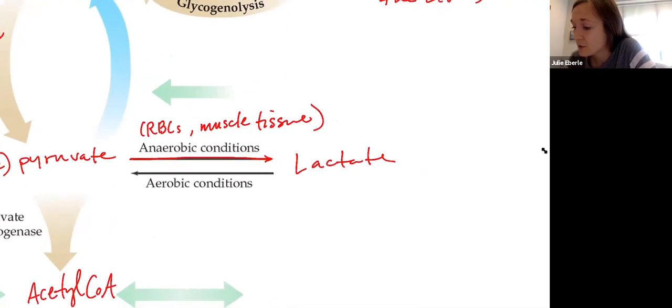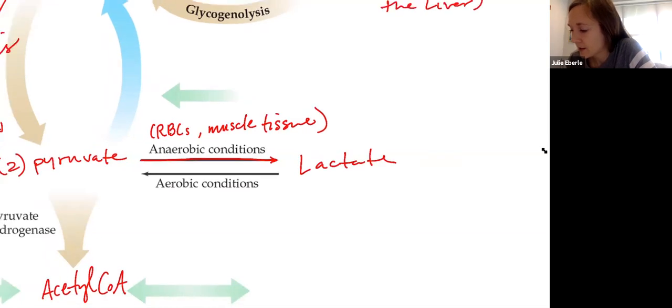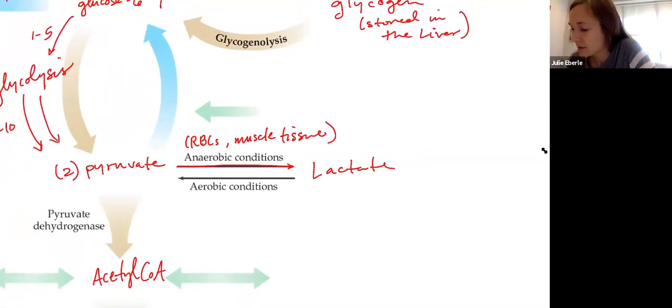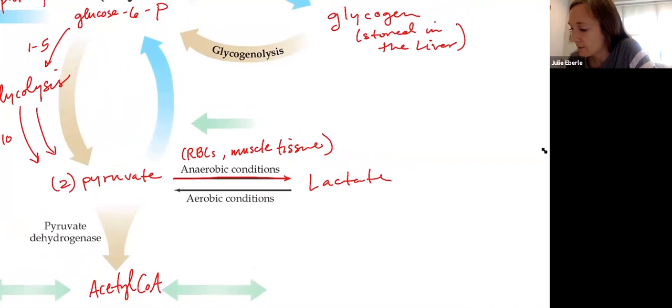Now, in the process of running pyruvate into lactate, which, by the way, we'll draw lactate on the next slide. That's all I'm going to say for now, actually. We're going to look at this process a little more in just a minute. Okay, so we get lactate.